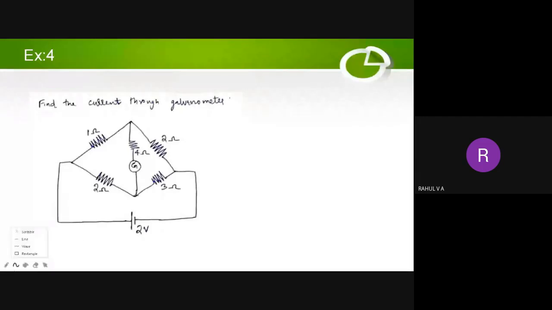So the question was to find out what is the current through the galvanometer, and we have identified that there are three meshes. Say, for example, this is I1, this is I2, and this is I3.